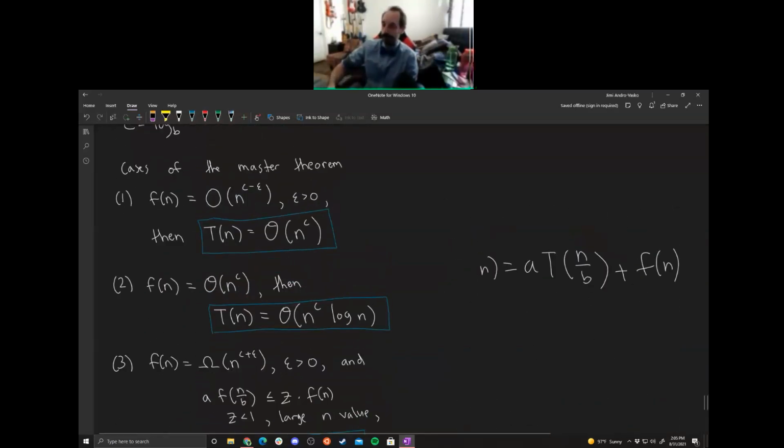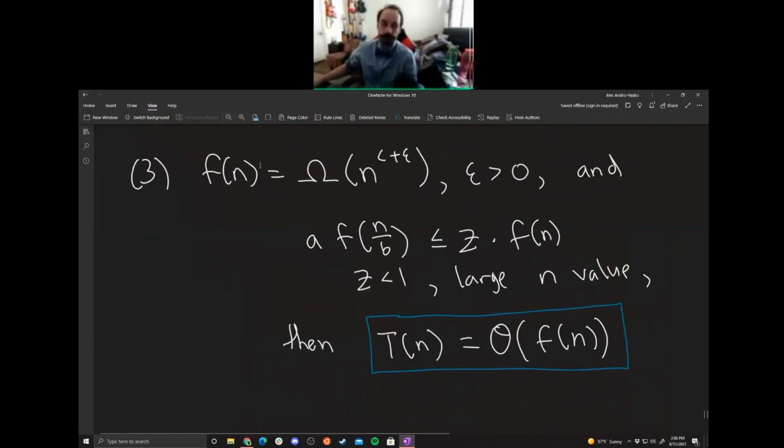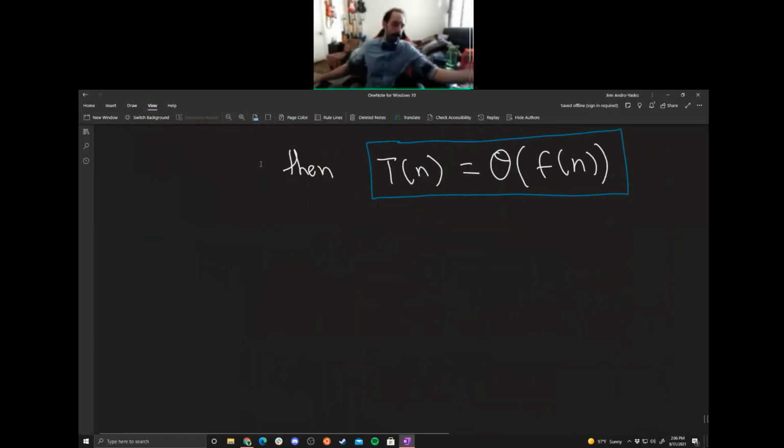So that's basically the Master Theorem's definition. Let's go ahead and do one example, since I do have a little bit of time left. Just one example will be good enough. I've got my notes here. For the exam, you wouldn't have to memorize the Master Theorem.